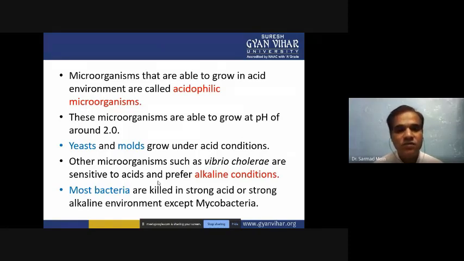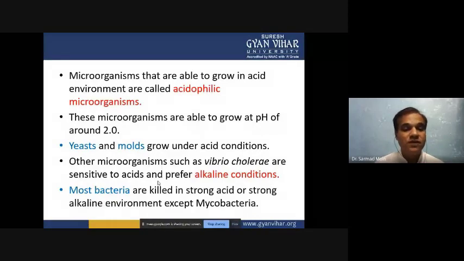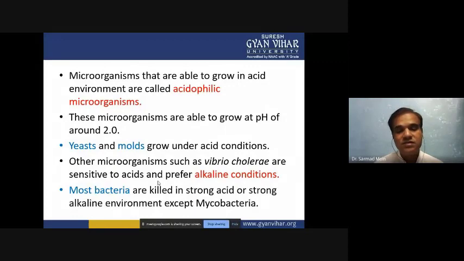They will live without any problem, and they will spoil the food. Among the different species, some are highly pathogenic, some are non-pathogenic, and they spoil the food material without being affected by pH.